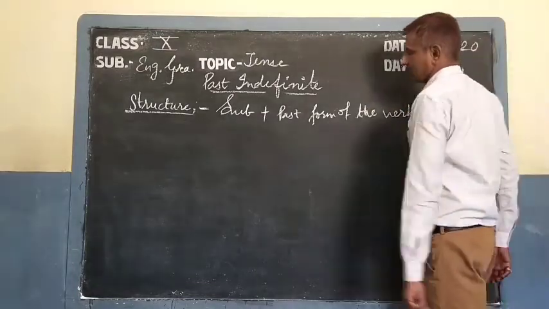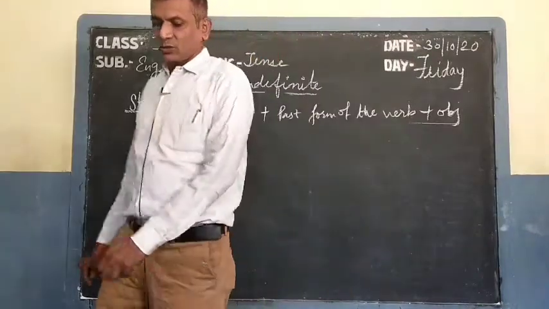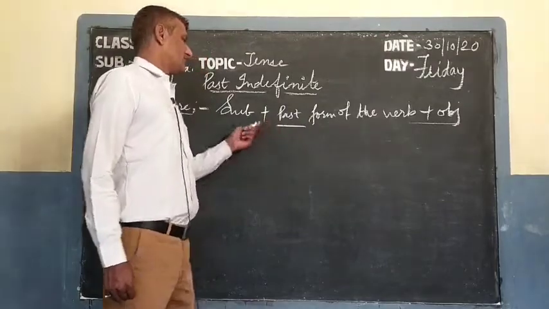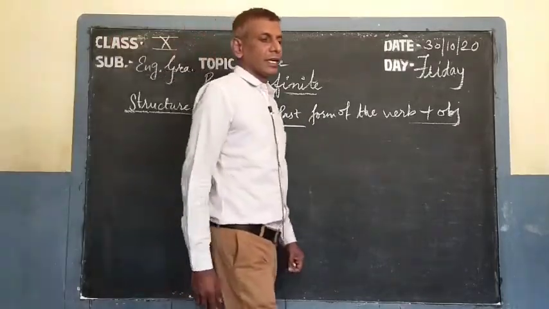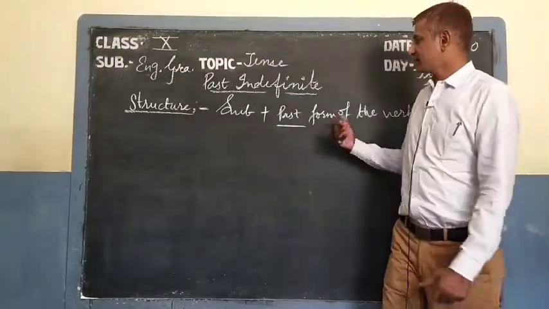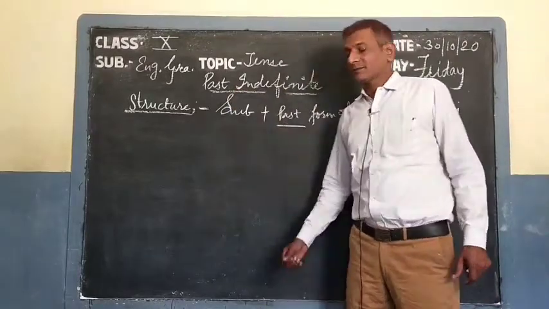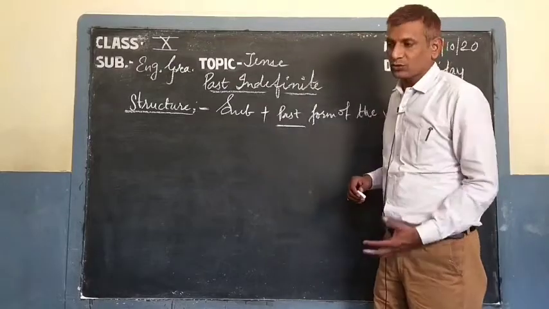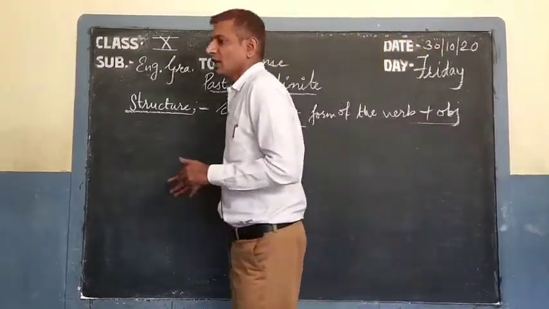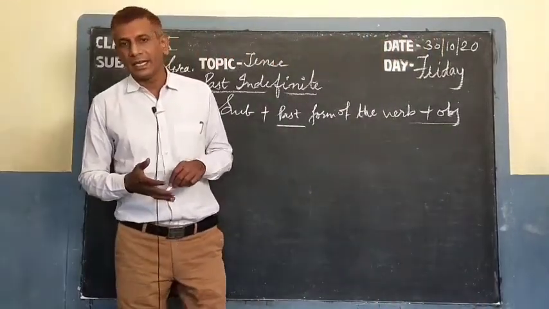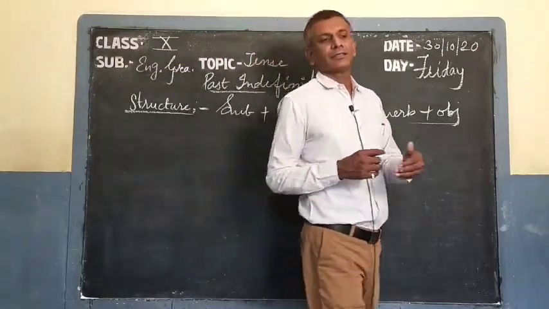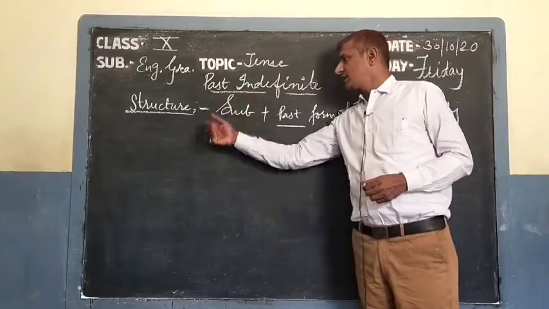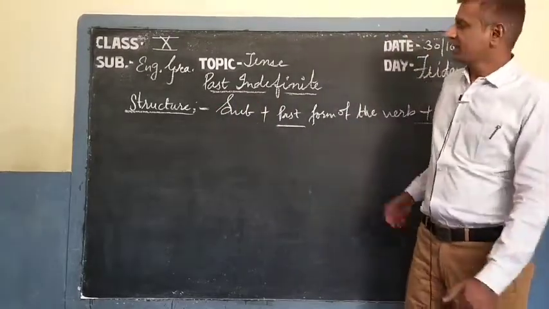I told you that when we use only the past form, that is the finite verb, it indicates the past tense. If you remember the five forms I told you: was, were, did, had, and the direct past form of any verb. These are included in the past indefinite.